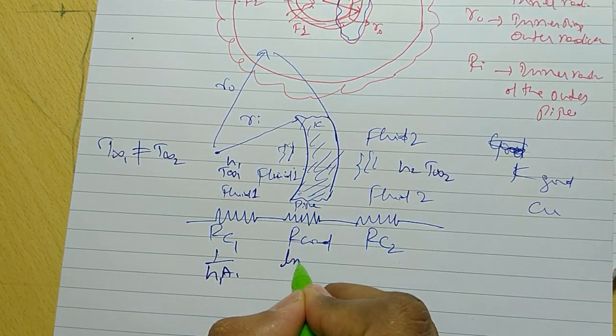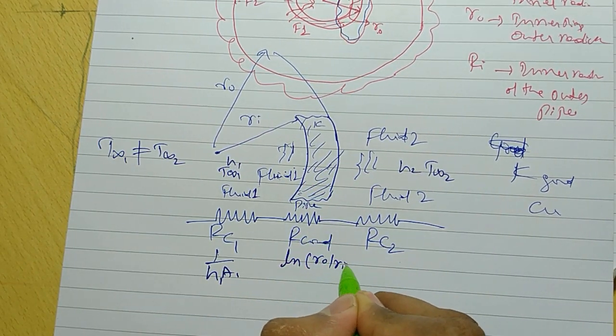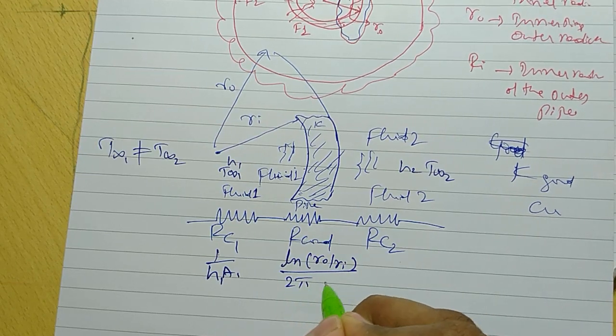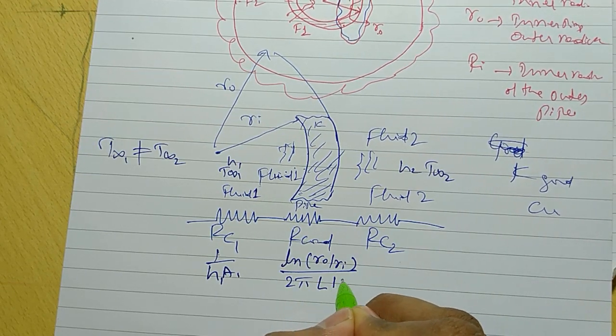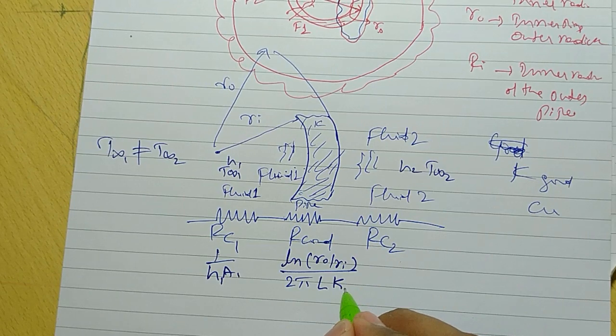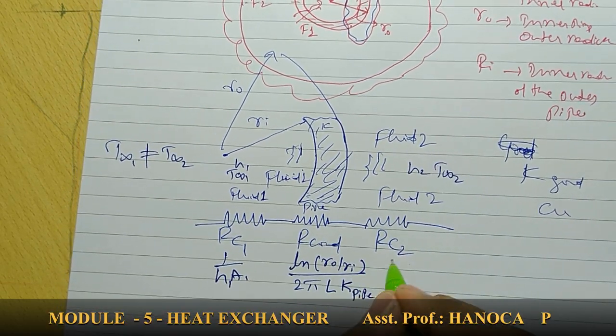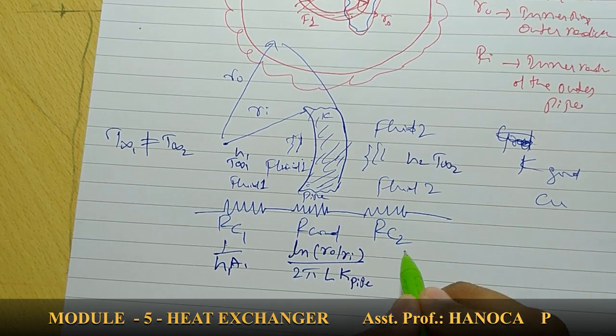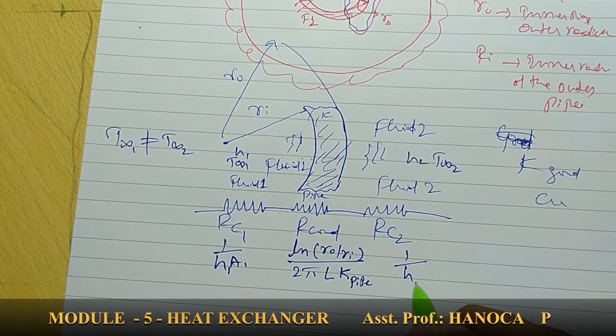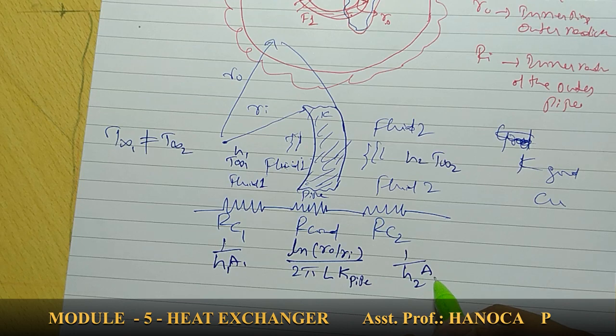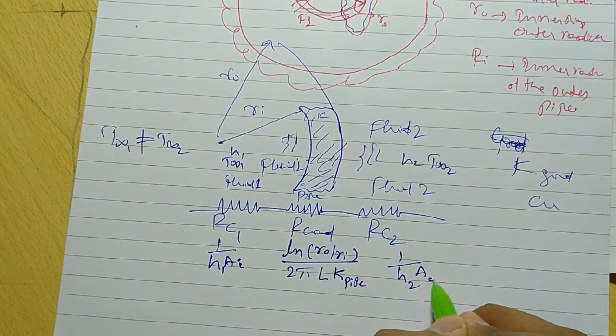So ln of outer radius by inner radius divided by 2 pi length into thermal conductivity of the pipe, thermal conductivity of the wall or pipe. And R convection 2 is 1 over h2 A2.